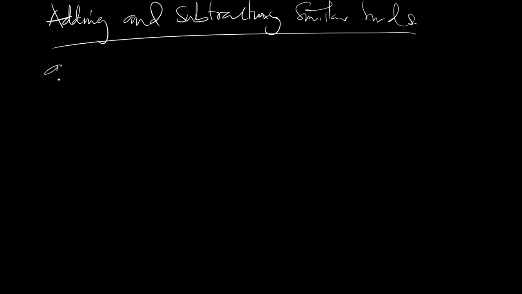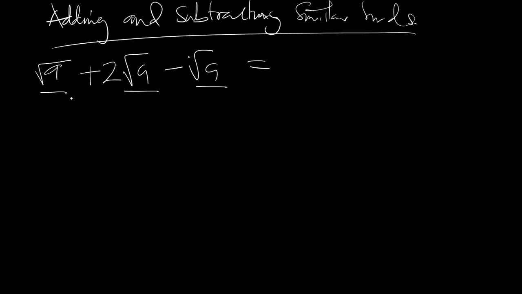Let's say you have the square root of a plus 2 square root of a minus the square root of a. If you see this expression, the square root of a, square root of a, square root of a, they are similar, so you can add them. This is 1, this one is 2, and this one is also 1, an imaginary 1 here.